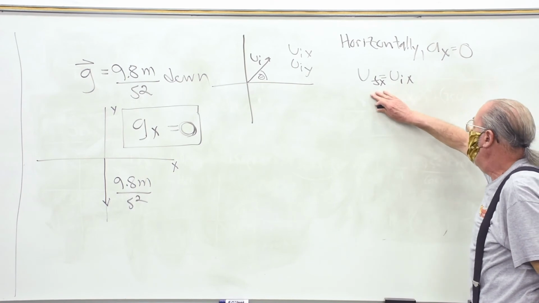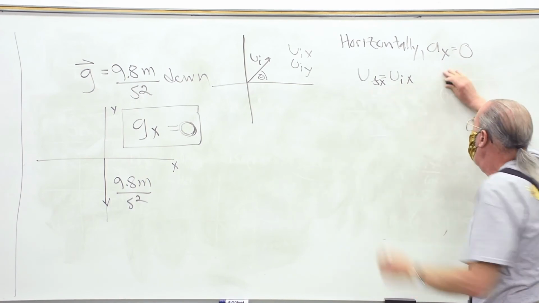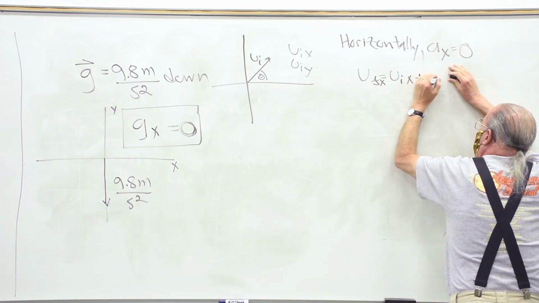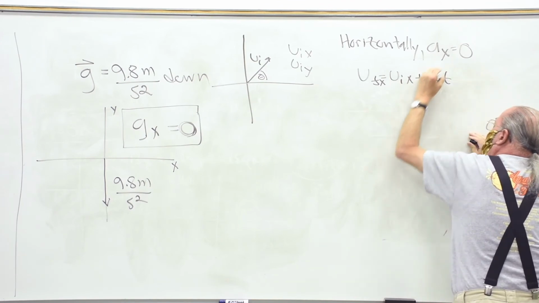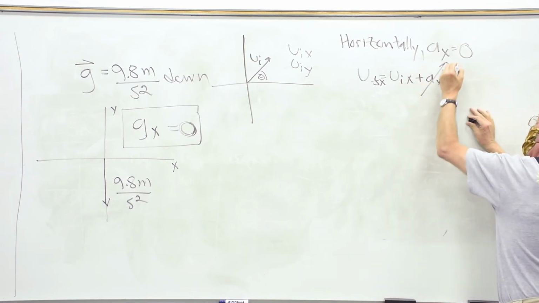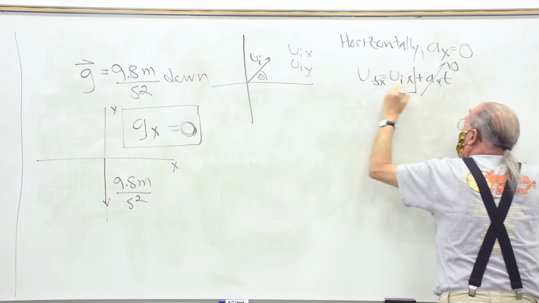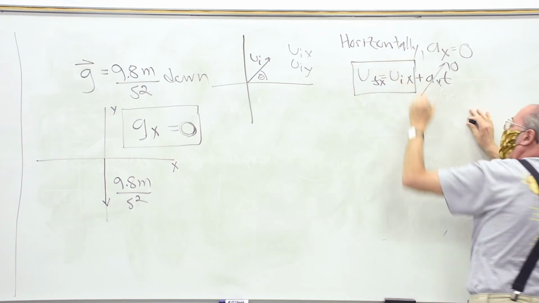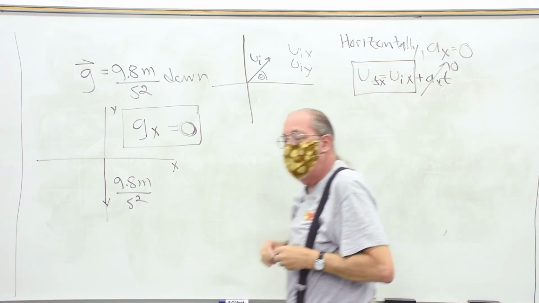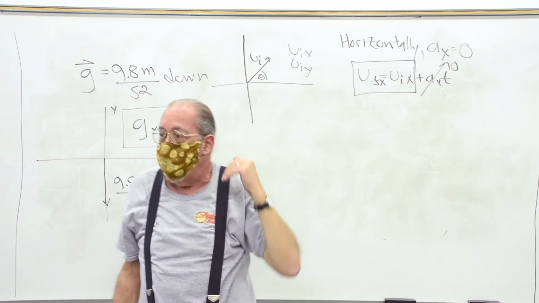The final x velocity doesn't change. There's a plus a_x times t, but this is 0. So we get this: the horizontal motion is motion of constant velocity.